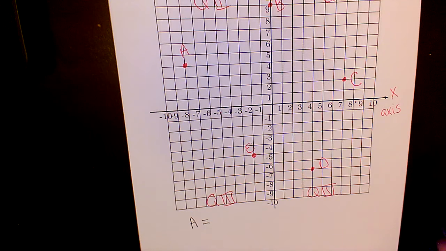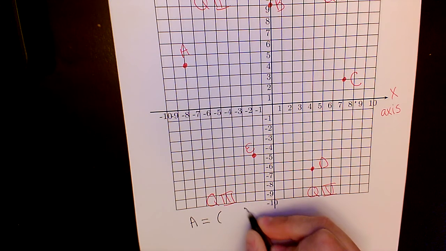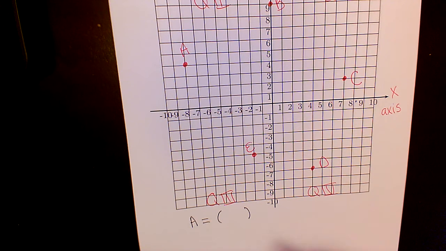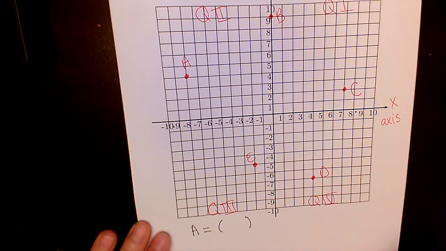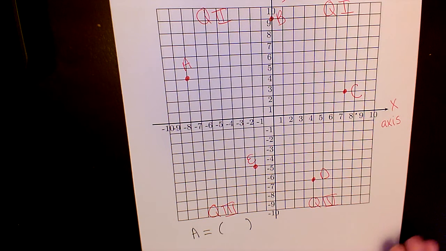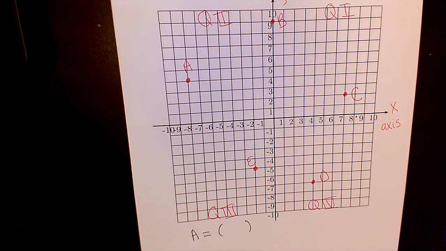So we're just going to say, and this is how it's going to be on the homework, A equals the point what? We need to put those two coordinates separated by a comma in those parentheses. So take a minute and look at point A. What point is that?